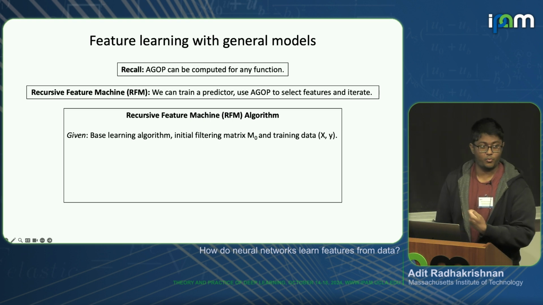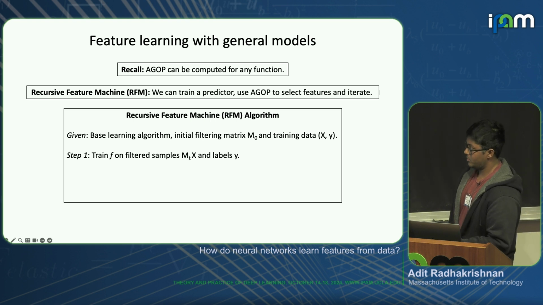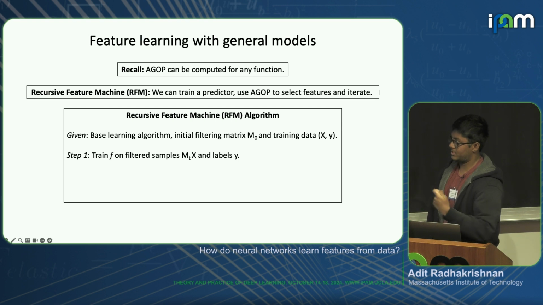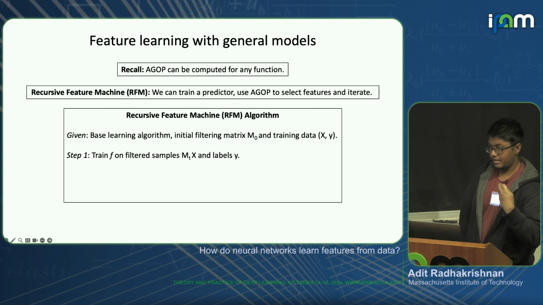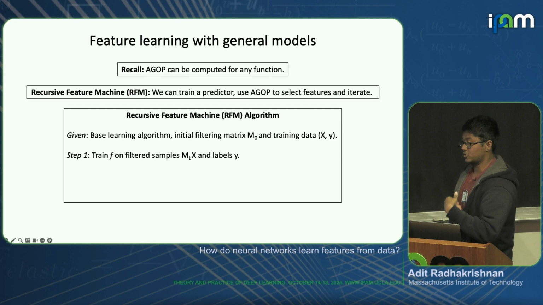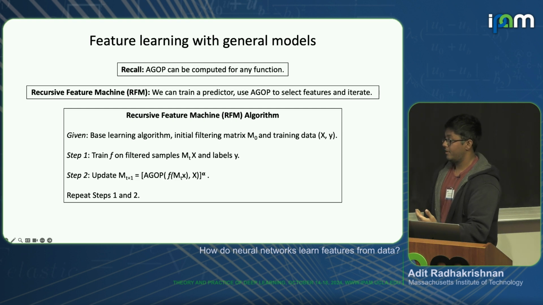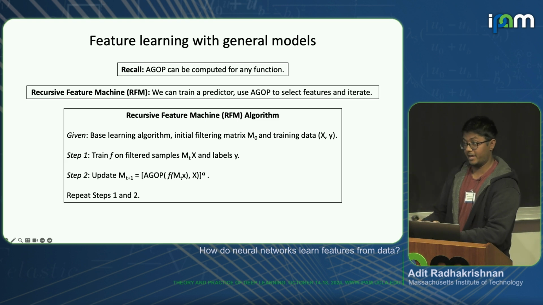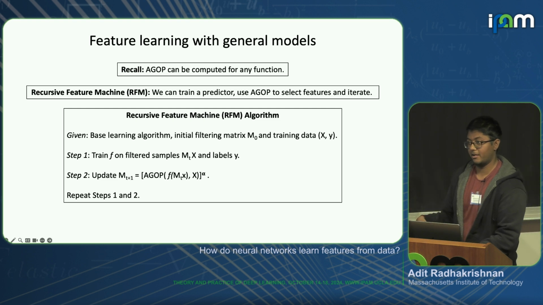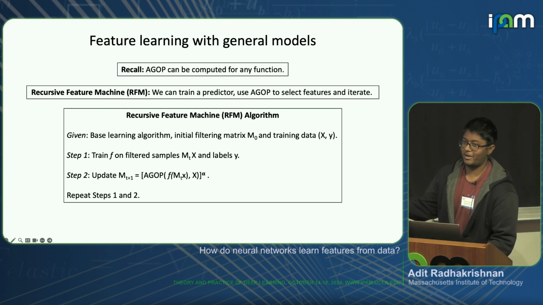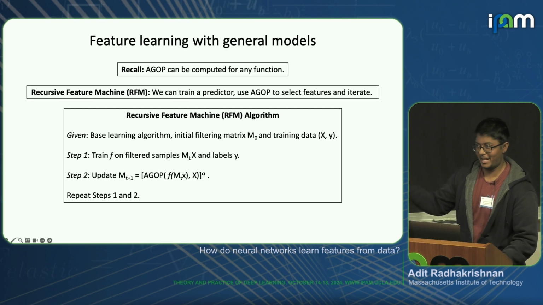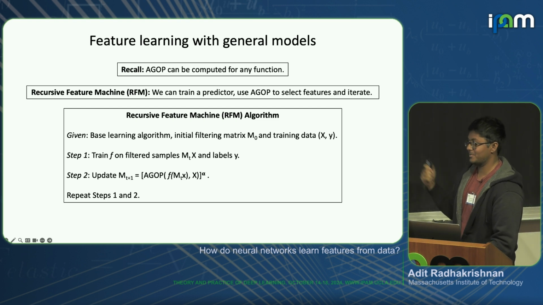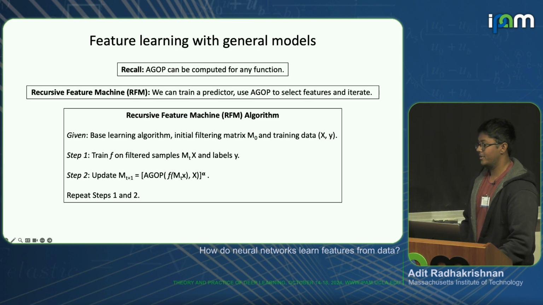And I have data X and Y. And now what I'm going to do is train F on these filtered samples where I multiply each of them by M at time t, and I just predict the labels Y. And the second step is I'm going to update my M as the AGOP of my current predictor over the existing data set to some matrix power alpha. And I will show how varying alpha changes what happens in this process later towards the end of the talk. And we're just going to iterate the following procedure.